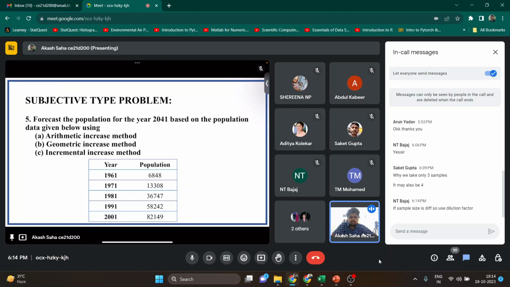For 1961 to 2001, all the populations are given. We have to find the population at 2041 with all three methods. It's a very simple problem. We'll just go through a quick recap so that you are clear, because it was requested by you regarding this population forecast.